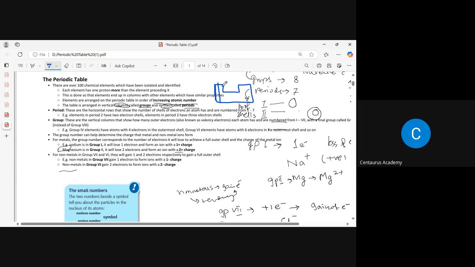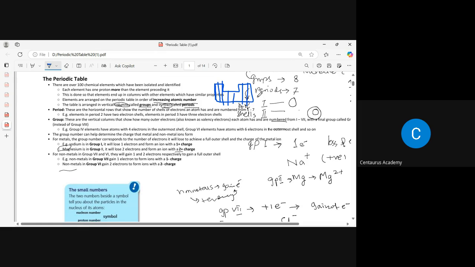So a total of how many groups do you have in the periodic table? 8 groups. Yes, you have 8 groups in the periodic table, and all of the group numbers are written as Roman numerals, 1 till 8, where group 8 is also known as group 0, the noble gases. Then you have periods, which are the horizontal rows, and there are 7 horizontal rows.